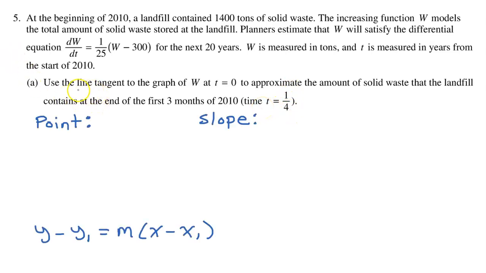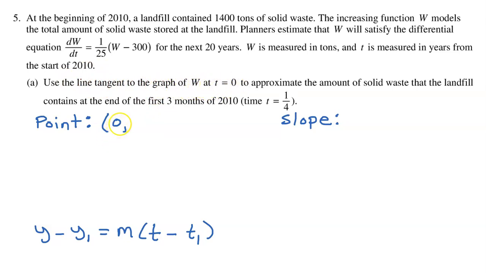Whenever we need to write the equation of a tangent line, we love to use point-slope form because we know all we need is a point and the slope. Because W is a function of time instead of x, we will use the variable t. For the point, we will use the point of tangency. We are told that the line is tangent to the graph of W at t equals 0.